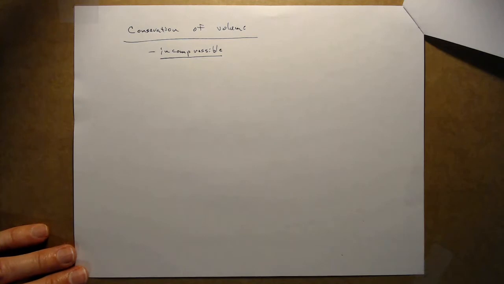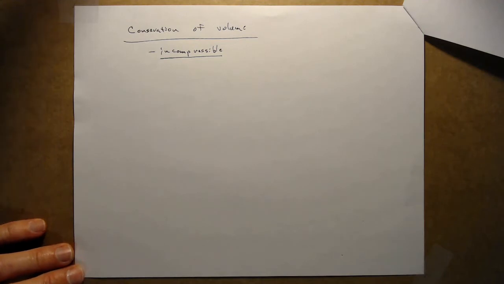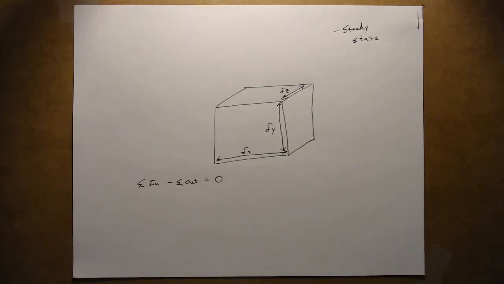So this is liquids or gases that aren't moving at an extremely high velocity, not moving at velocities that are a considerable portion of the speed of sound. Oftentimes we might make a rule of thumb to say maybe if we're less than 1/3 of the speed of sound. So we can derive the conservation of volume the same way we've considered the conservation of any other quantity.